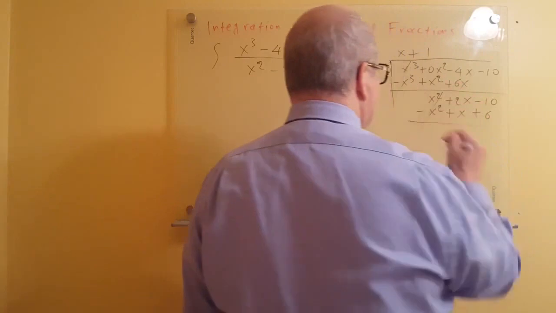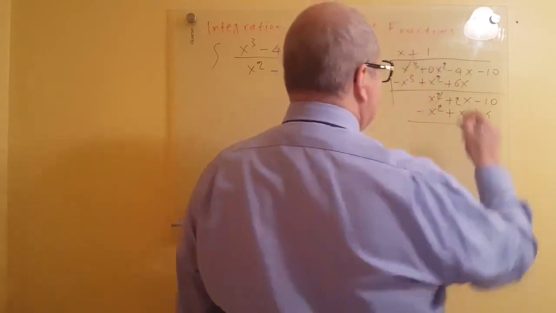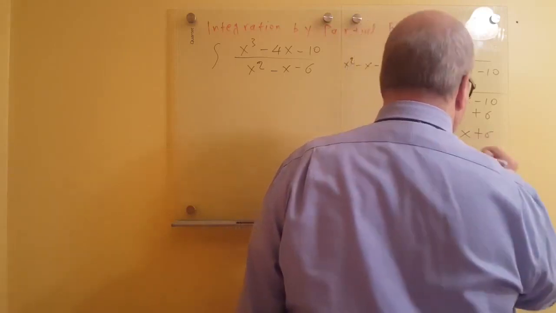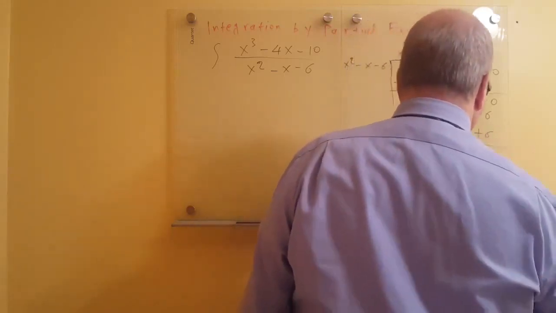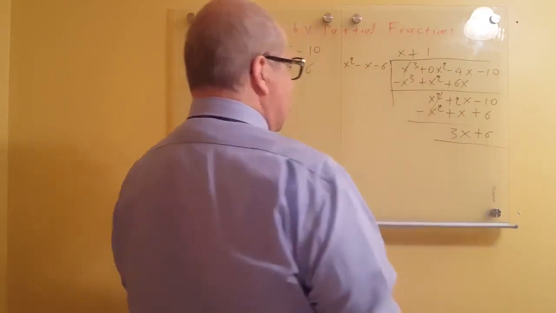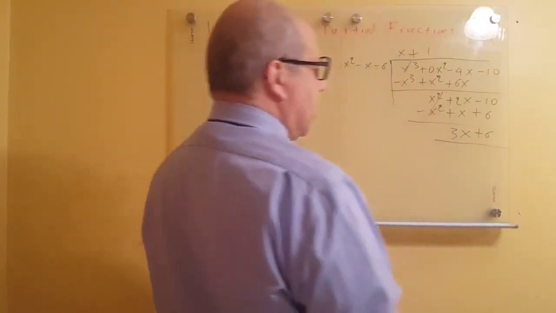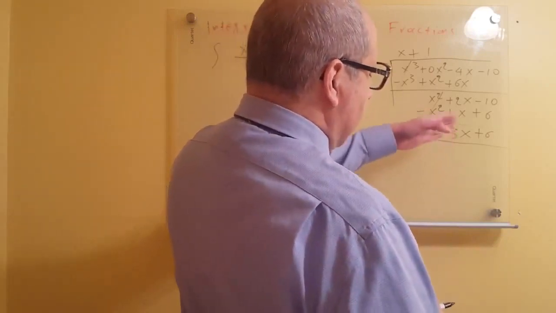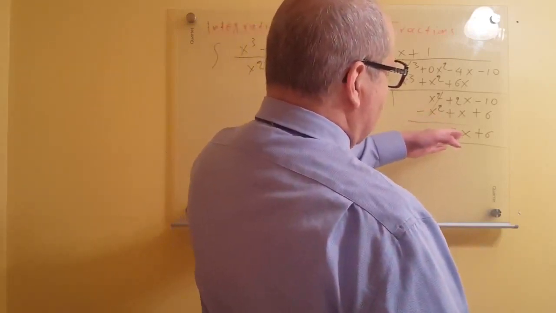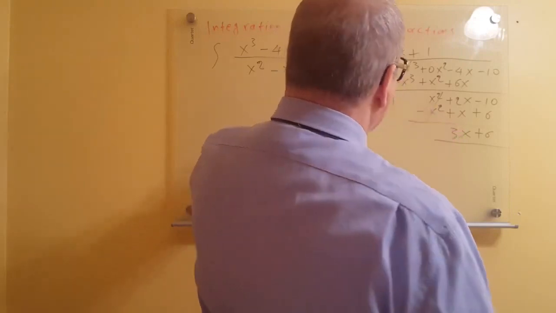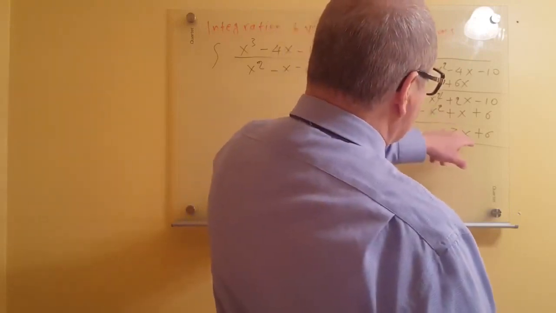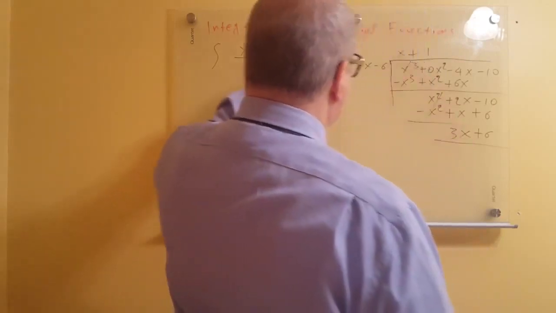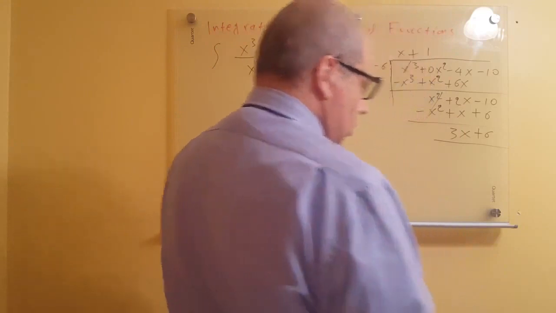So this cancels with this, and you have 3x plus 6. And here we stop, because we stop the division of two polynomials when the degree of the remainder is less than the degree of the divisor. Here this is the remainder, of degree 1, and this is of degree 2, so that's why we stop.